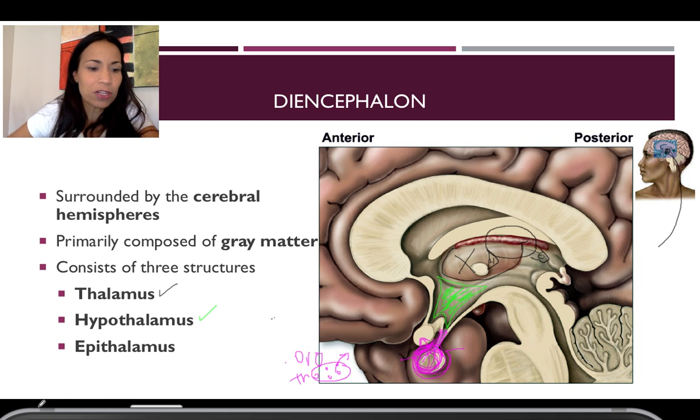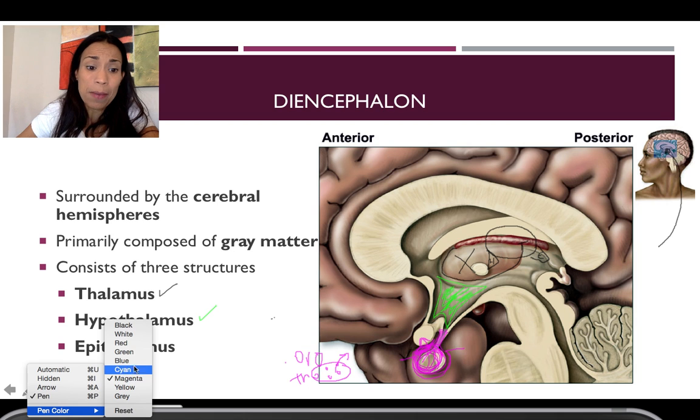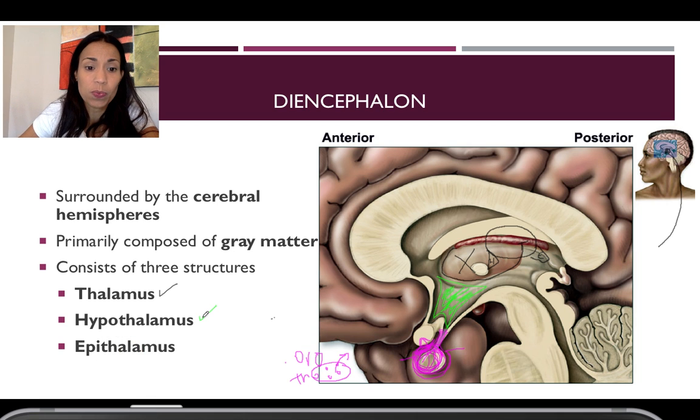Okay, let's keep talking about the hypothalamus. That's one of the functions. The hypothalamus has many functions. In here in the hypothalamus is where our thermostat is. So this is what controls our body temperature. In here we have centers of gray matter that control thirst and hunger.